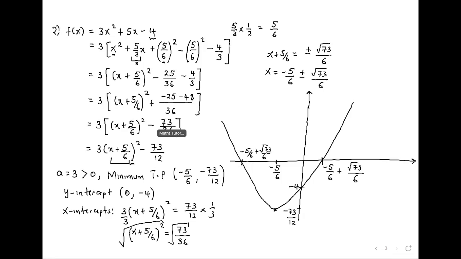When does the graph attain the maximum turning point? When a is less than 0, when the coefficient of x squared is negative. For the turning point, for the x coordinate, you equate the inside of the square to 0.